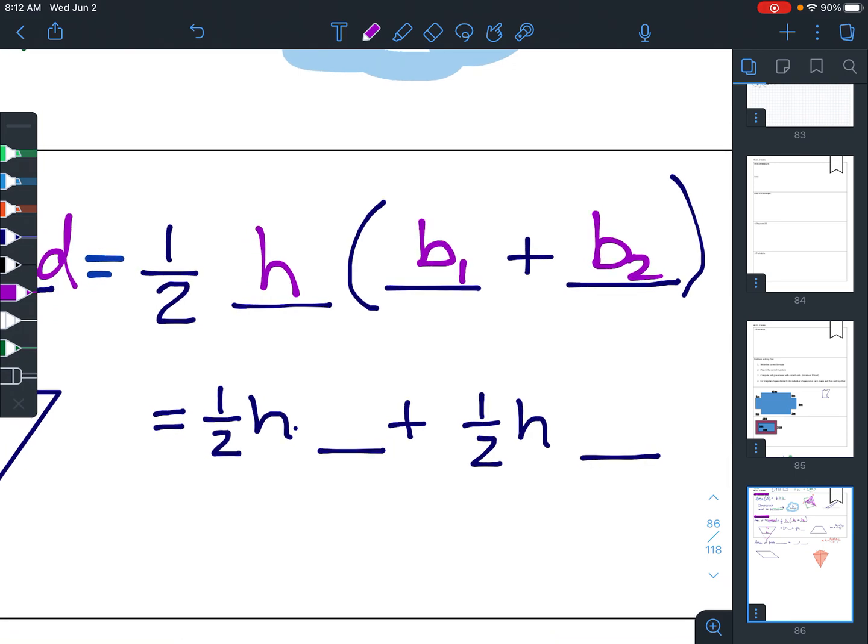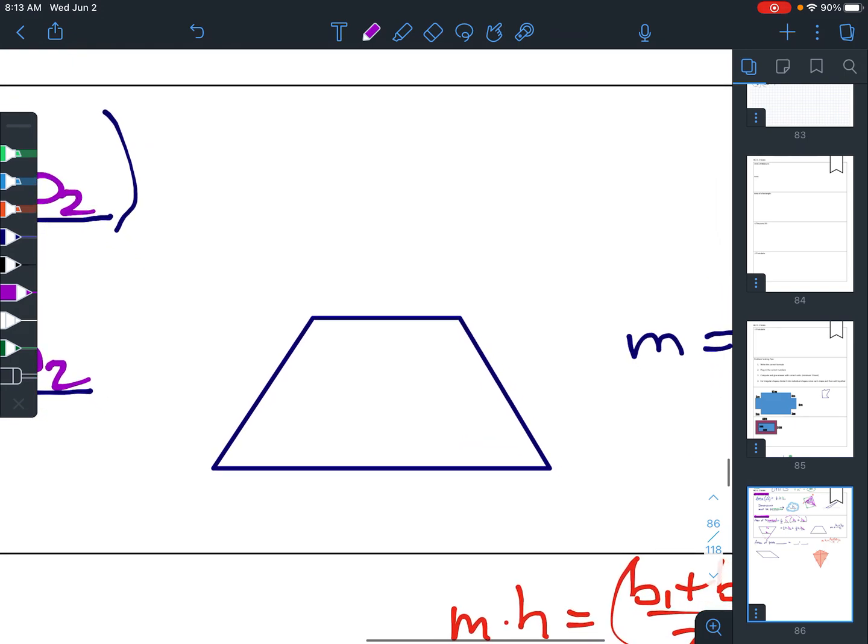Now, we could distribute the 1/2 h times the b1 and the b2, and we would end up with a formula like this, which you'll notice now looks like 2 triangles. And let me show you those 2 triangles in the trapezoid, if you haven't seen this yet. So let's go draw that diagonal.